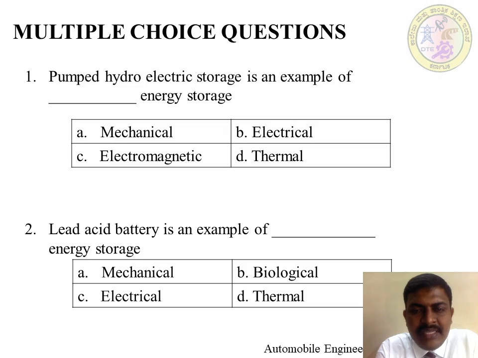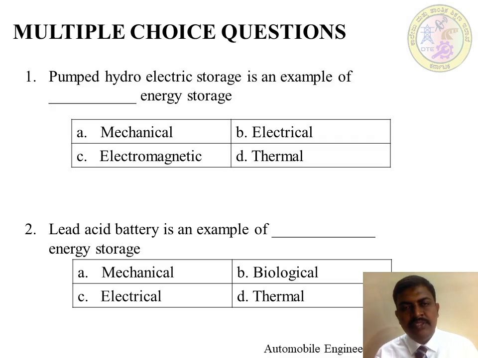Lead acid battery is an example of dash energy storage. Option A, mechanical, option B, biological, option C, electrical, and option D, thermal. And the right answer is option C, electrical. Lead acid battery is an example of electrical energy storage. So in the classification slide I have noted down all these points. Kindly go through it once again.